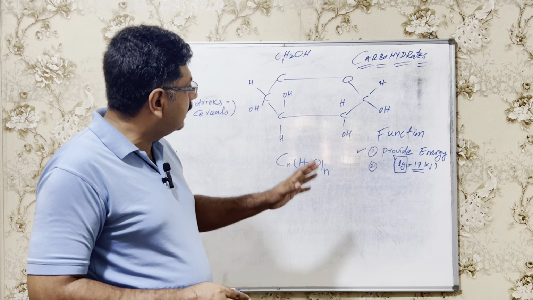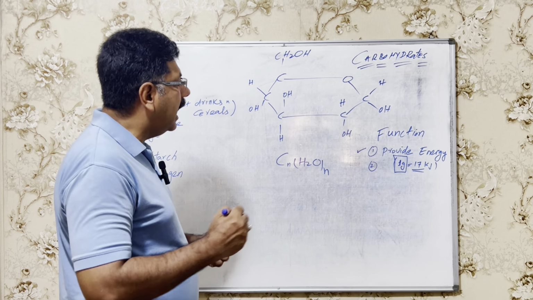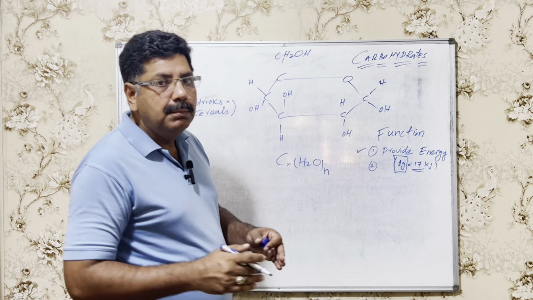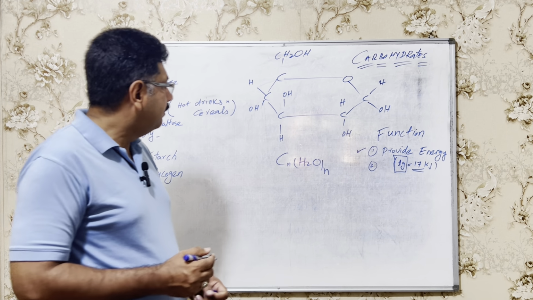Carbohydrates are made by plants by photosynthesis, but animals take them from plants or from other animals.